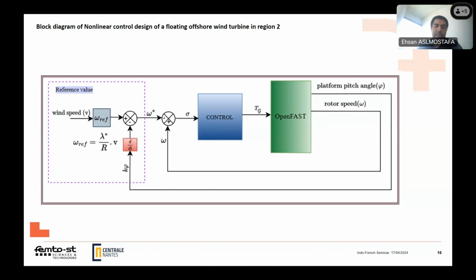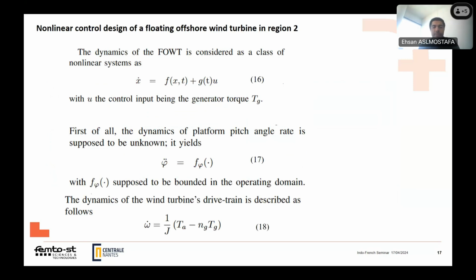Then the floating feedback term is added, and omega star is made, and the sliding variable sigma, which is omega minus omega star, is given to the controller, and finally the generator torque TG is given to OpenFAST in order to handle the floating offshore wind turbine at region 2. Here is just the simple design of our controller.